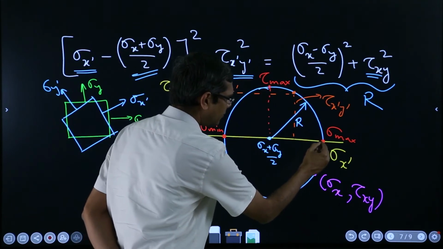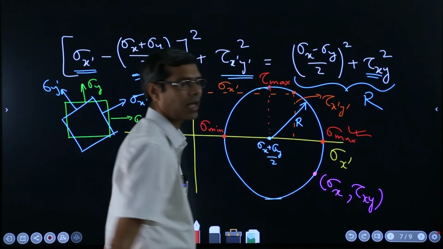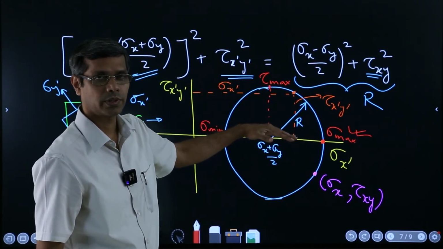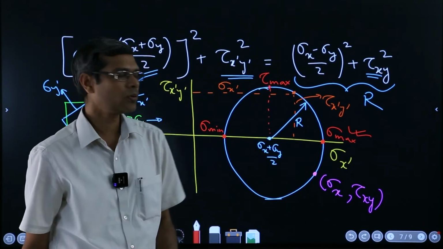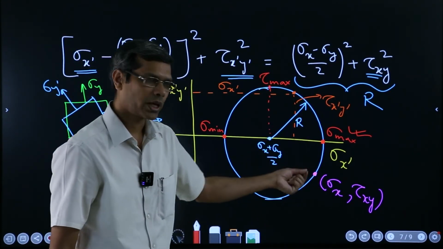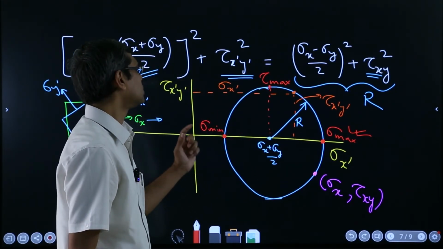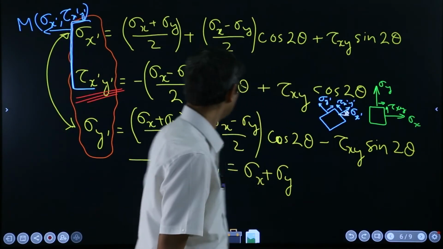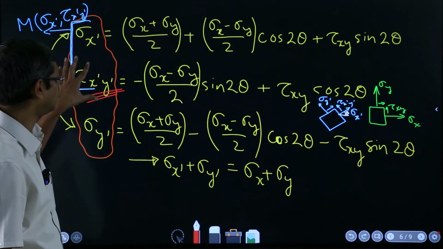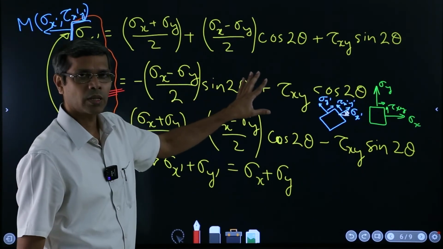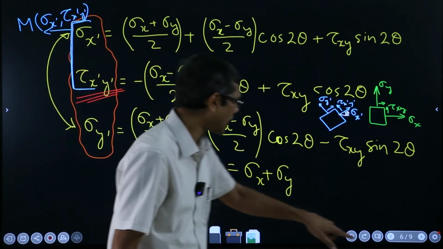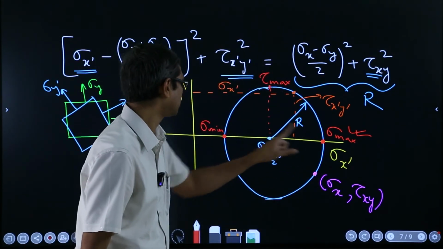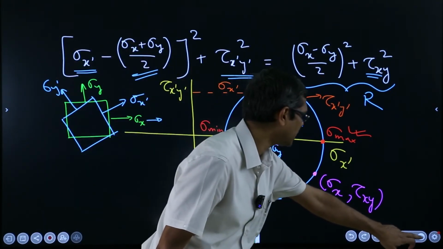So here if you consider where sigma max is happening, on that point tau is 0, right. So you are getting the maximum amount of normal stress at a location either here or here, maximum, minimum. So that's happening when your shear stress is 0. So if we substitute this as 0, we will get a relationship from where we can actually calculate at what angles those two surfaces will be, this max and min, and what will be the relationship between them.